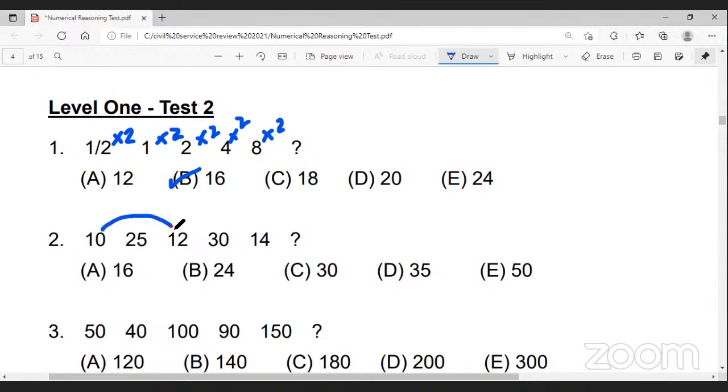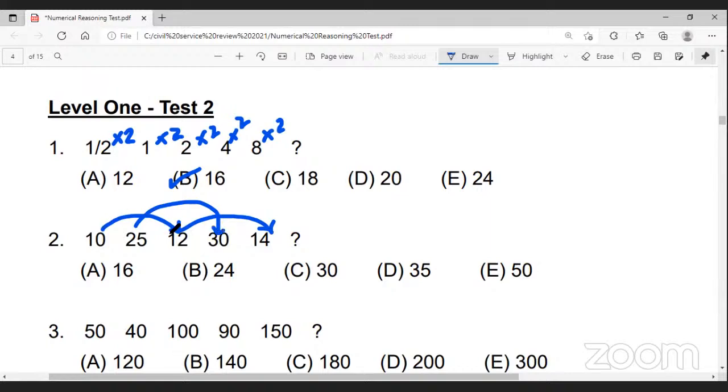From 10 going to 12 has a difference of 2. Going to 14, yes, the same, a difference of 2. While 25 going to 30 has a difference of 5.